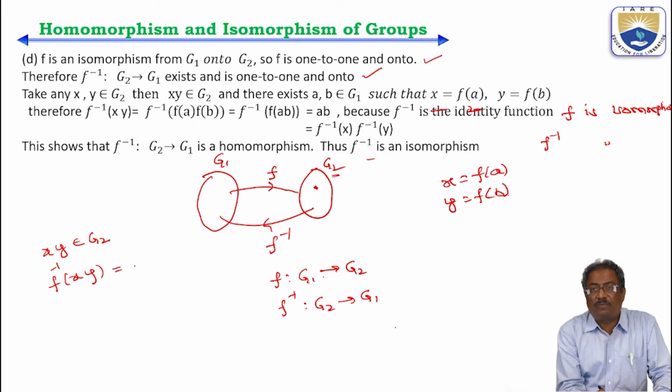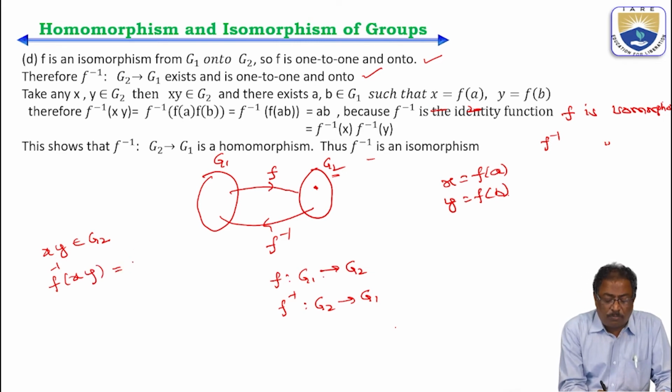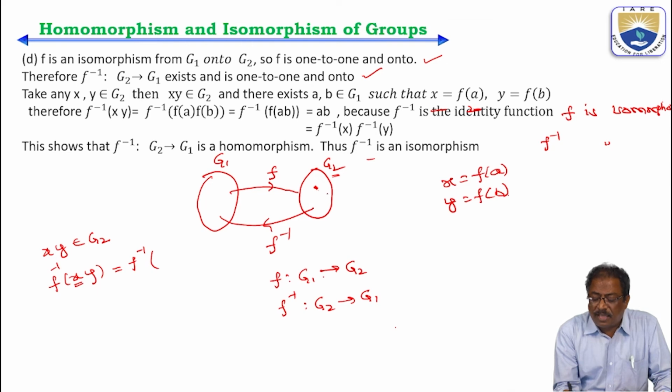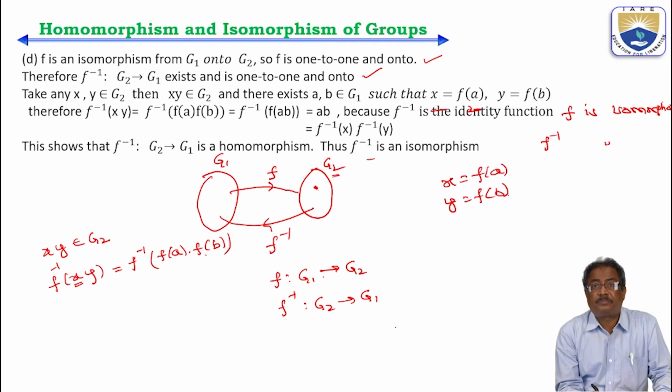We have to prove it is a homomorphism. For that, X is equal to F of A and Y is equal to F of B.